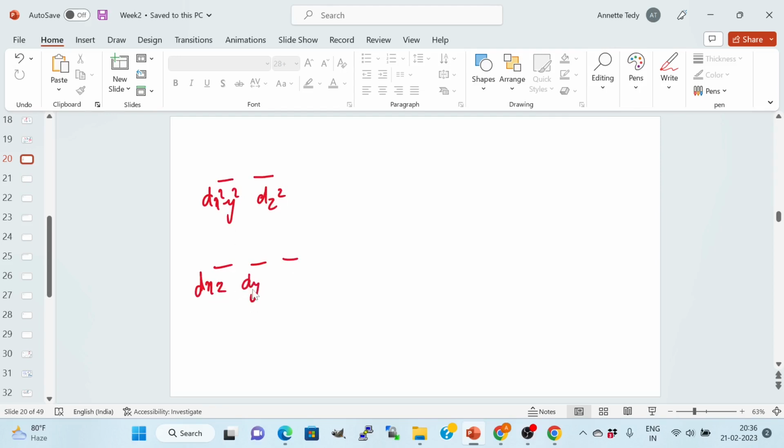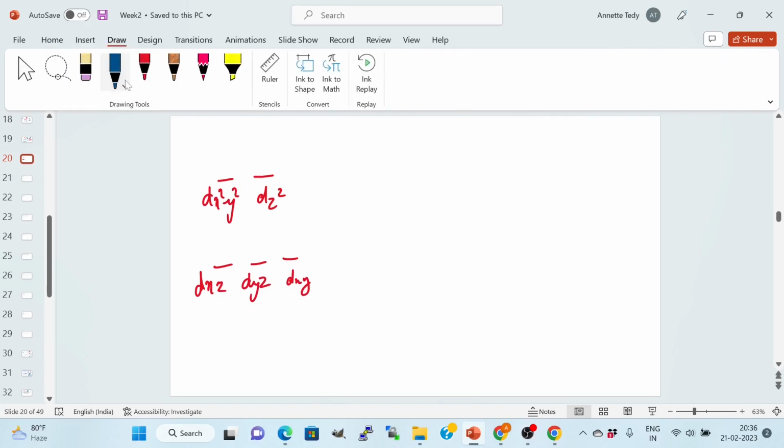Dxz, dyz, dxy. Wherever the z contribution was there, that energy is now getting lowered because the interaction between the z orbital and the ligand is much lesser now.